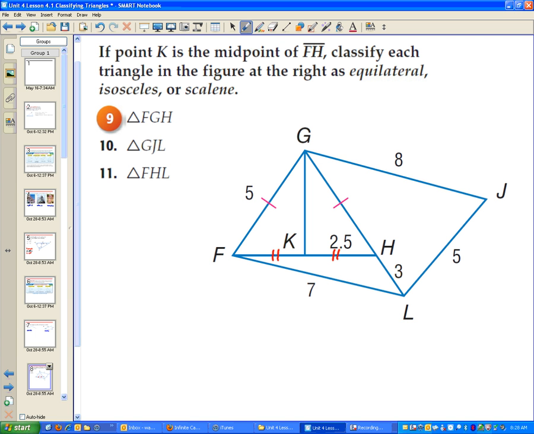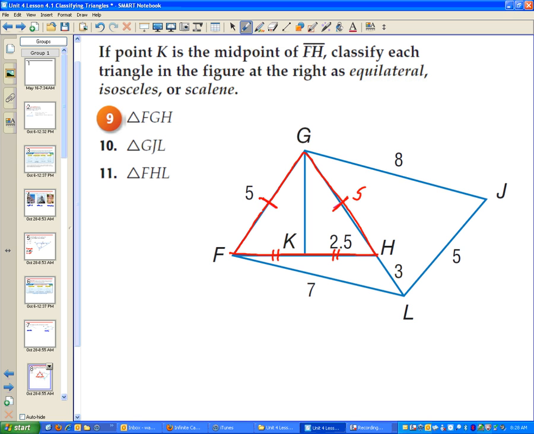Now classify as equilateral, isosceles, or scalene. So triangle FGH. So use F, G, and H as your vertices. All right, now let's do some thinking here. If FG is congruent to GH, and FG is 5, what's the length of GH? 5.